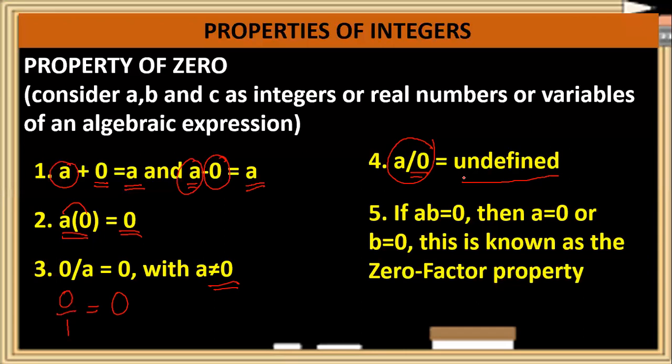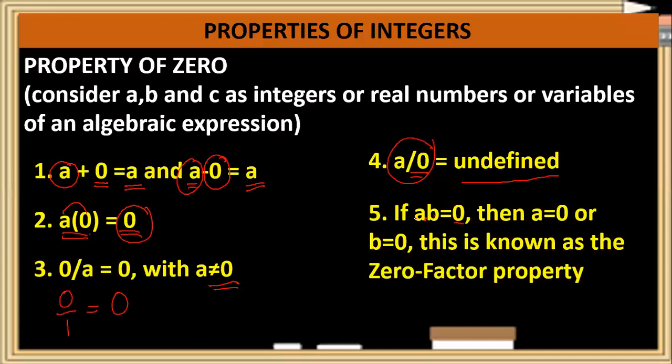Next property of 0: if AB is equal to 0, then A is equal to 0 or B is equal to 0. Kasi sabi nga natin, yung rule natin sa multiplication, when you multiply an integer with a 0, that will give us an answer of 0. So if AB is equal to 0, meaning multiplication ito, bakit naging 0 yung sagot natin?